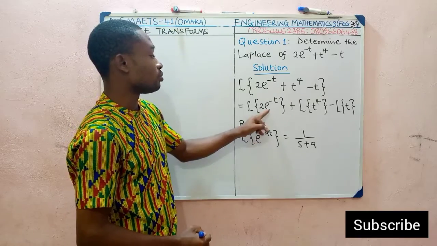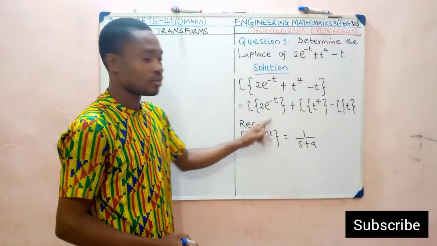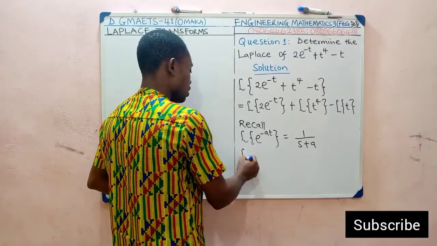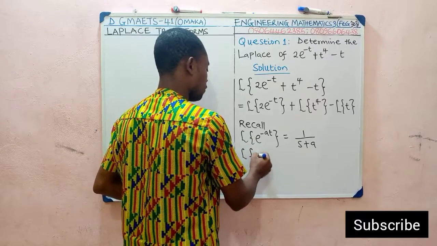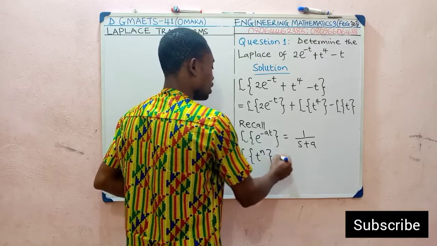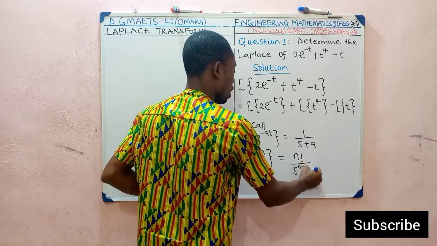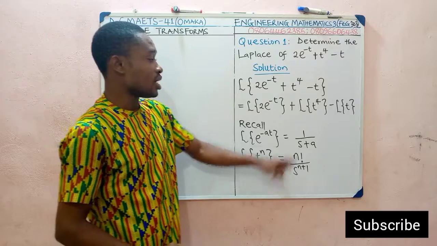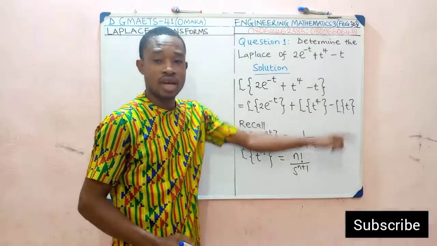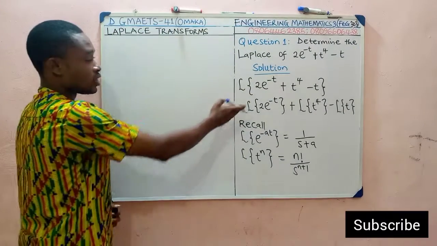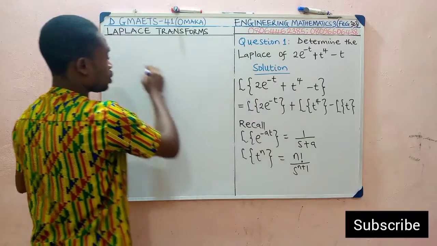This Laplace transform takes care of this. Is that okay? The Laplace transform of t raised to the power n is equal to n factorial all over s raised to the power n plus 1. This standard takes care of this and this. Is that okay? So we can now use it to obtain the Laplace transform of this function.